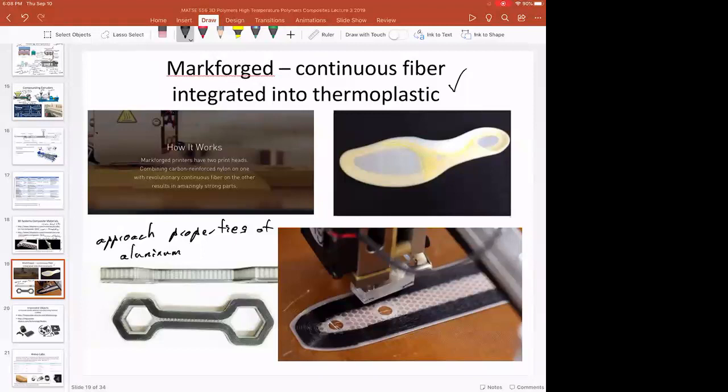And so this is continuous carbon fiber, and it's sandwiched between layers of thermoplastic. This yellow stuff here, this is Kevlar fiber plus thermoplastic.